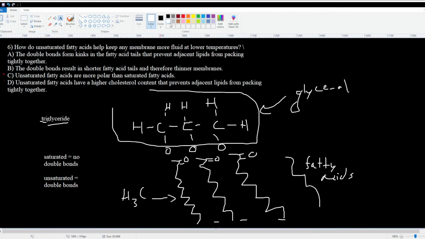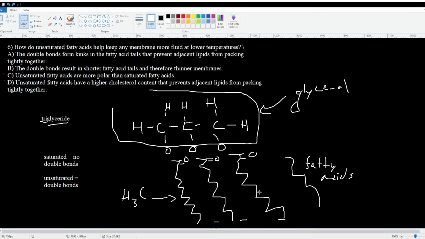So what does this mean? When something has no double bonds within the fatty acids, so you don't see any double bonds here, here, here, right? Then that means it's saturated, right? No double bonds, saturated. How about when something's unsaturated?